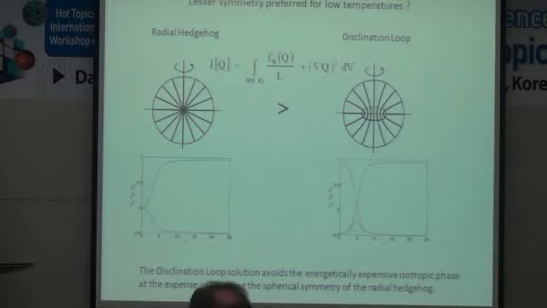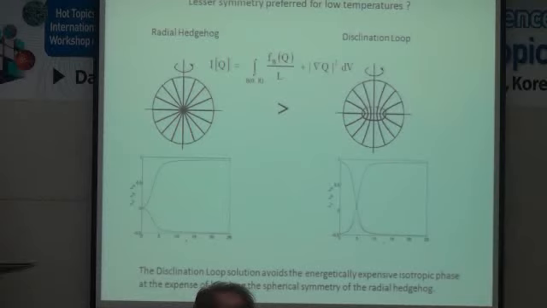But what is counterintuitive, and it can be proven both theoretically and numerically, is that the disclination loop solution, which has the lesser symmetry, is energetically inexpensive, it's energetically preferred to the more symmetric radial hedgehog solution for low temperatures. Again, this is not a proof, but just to give you some heuristics, if you look at the formula for the Landau-de Gennes energy functional, you will see that the energy density has two separate contributions. There's the thermotropic potential, and then there's the elastic energy density.